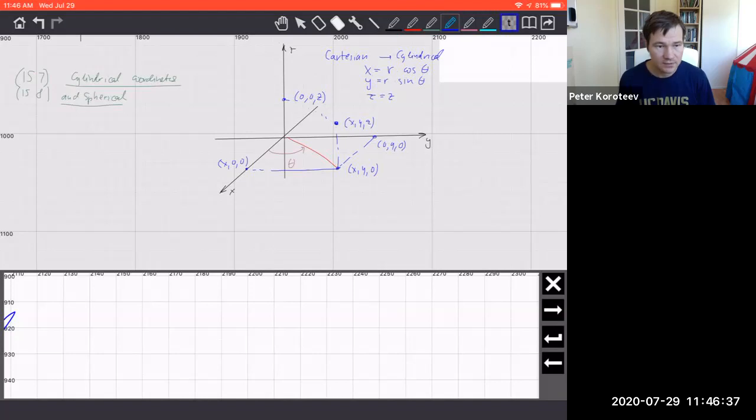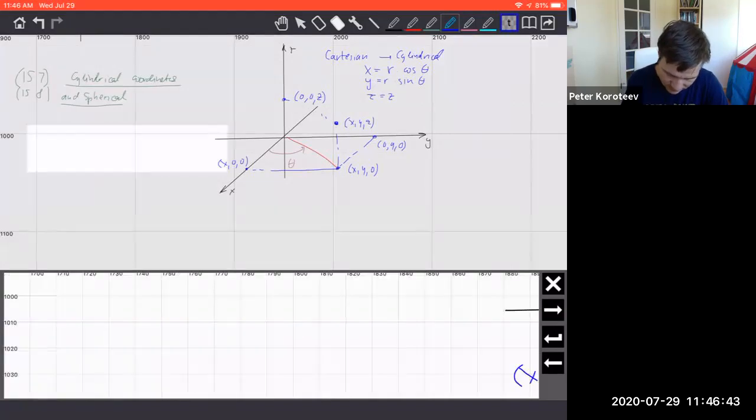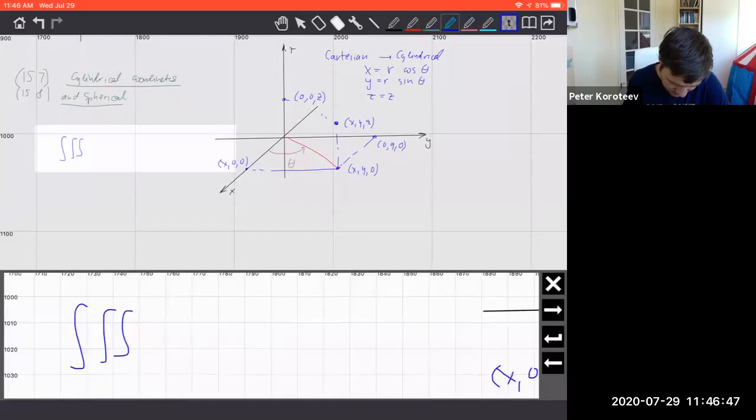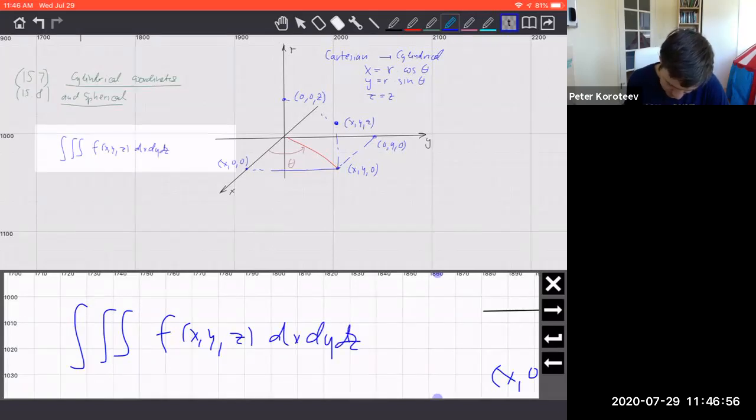Okay, so let's calculate an integral in those, and see how the calculation of the triple integral will go. If we have a triple integral in the Cartesian coordinates, dx, dy, dz, then since dz does not change, the only things that change are this dx, dy part, this polar part.